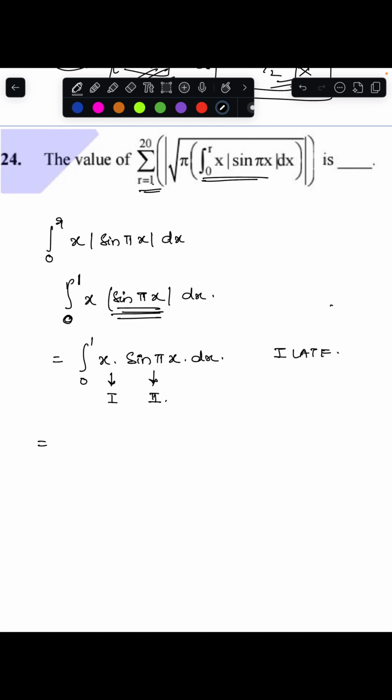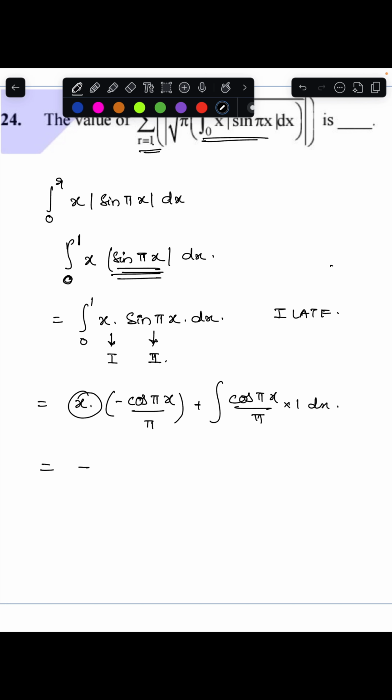So integrate it by using by parts. x into minus cos of pi x by pi, minus the integral of minus cos pi x by pi, differentiation of the first function, which is 1, dx. So what you're going to get is minus x cos pi x by pi. Finally, the integration is like this, plus sine pi x by pi square.